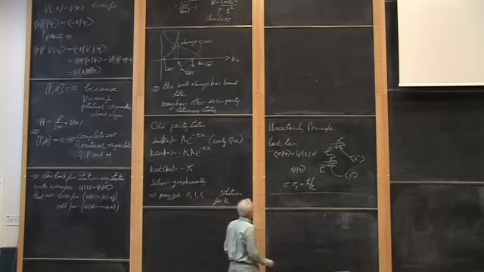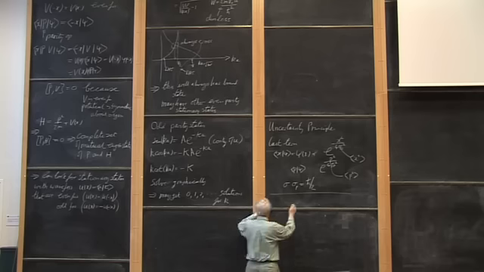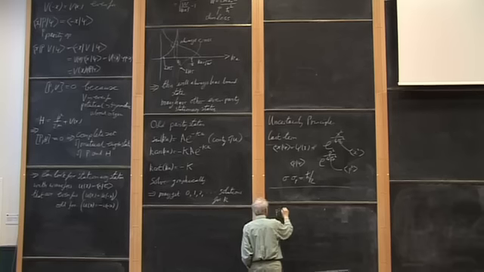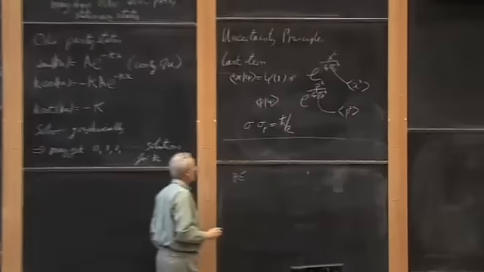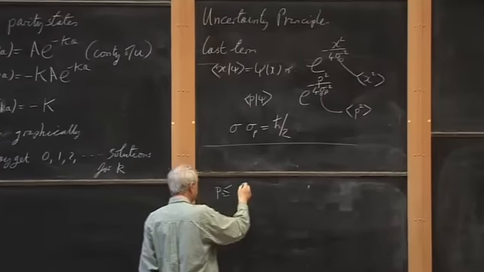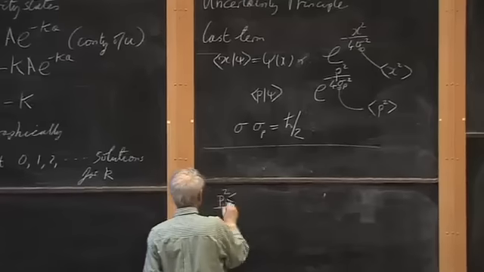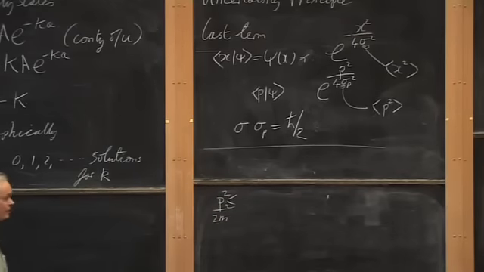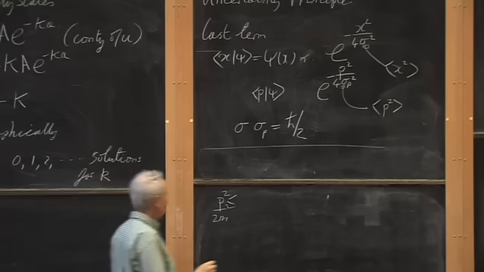What you might argue to yourself, you might say, okay, so what we can say is that P squared over 2m, the energy, is less than V0, right? Because it's bound.